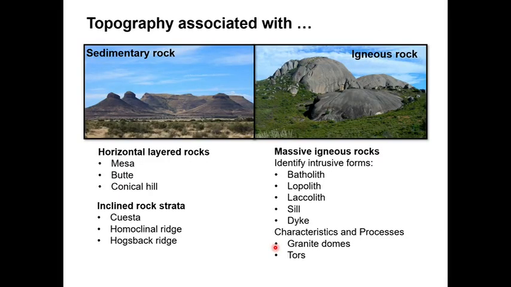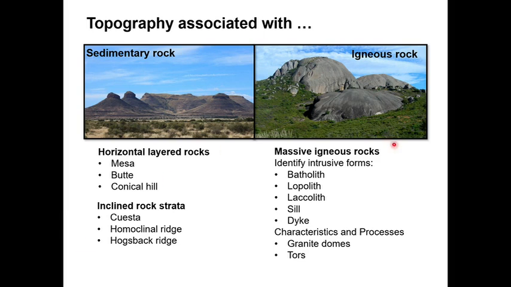Now, if we have a look at our grade 11 CAPS syllabus, these are the things that we are going to have a look at. When it comes to sedimentary rock, we are going to have a look at horizontal layers. We're going to have a look at mesas, buttes, and conical hills. And inclined strata, we're going to have a look at cuestas, homoclinal ridges and hogsback ridges.